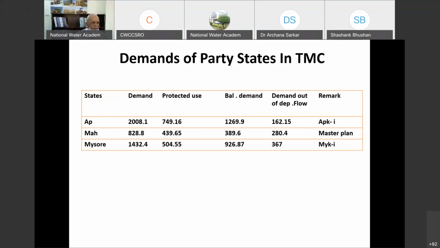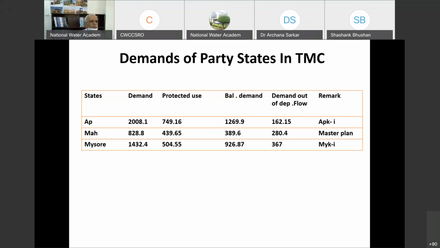Then there were discussions held among the party states and the members, and it was agreed by all the three states that the uses that are under construction should get protection, and therefore the third column indicates the protected use.